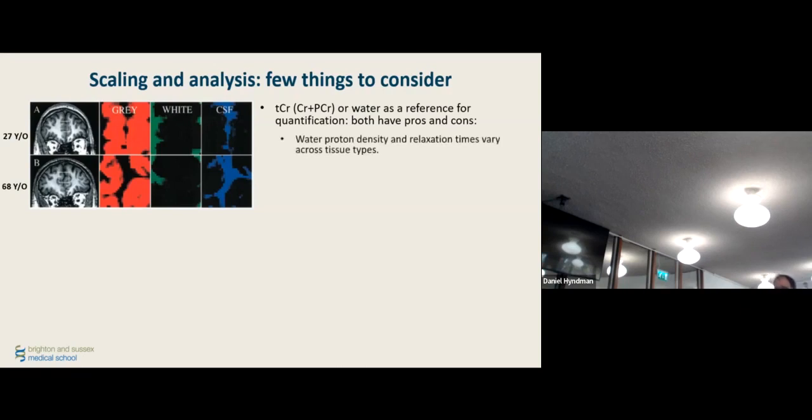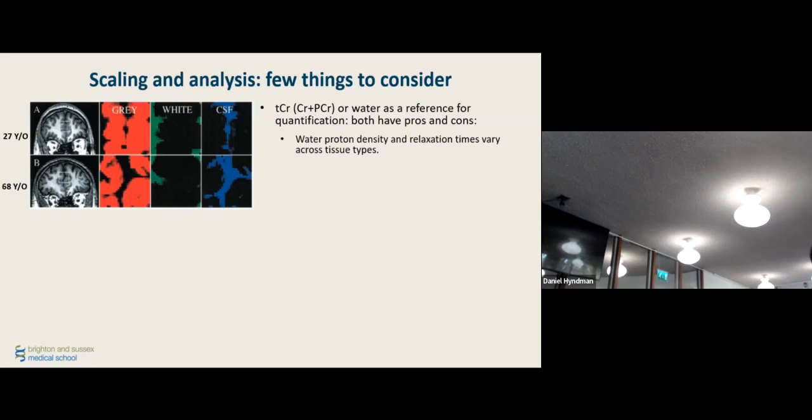Proton density in tissue varies across tissue types. So if we choose water from our volume as the reference to calculate actual concentrations in millimolar, we have to be mindful that the concentration of water in CSF is much higher than in gray matter and different from that in white matter. So we have to estimate those.